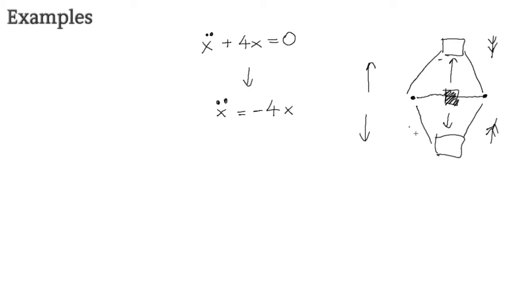And for this scenario, if you do the actual calculation of F equals ma, you will get something along the lines of the acceleration equals a value times the displacement, given that there are no damping forces, which I'm going to talk about next time.